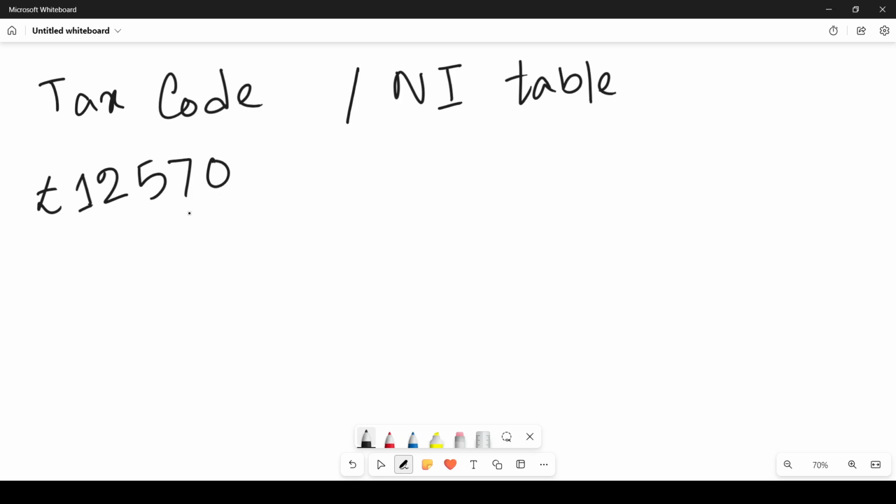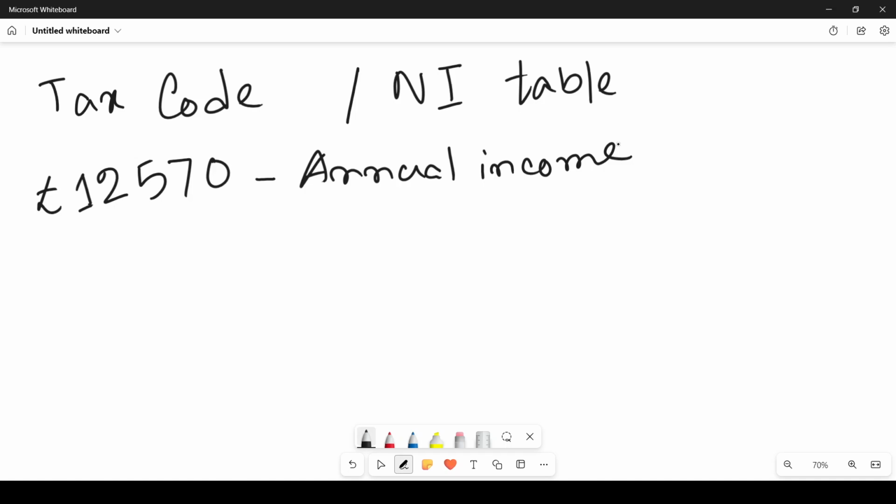So up to 12,570, you do not have to pay any tax on your earnings in a year, and it is yearly. So this is your annual income, like anything you earn over a year. So if you earn this amount, you don't have to pay any tax.